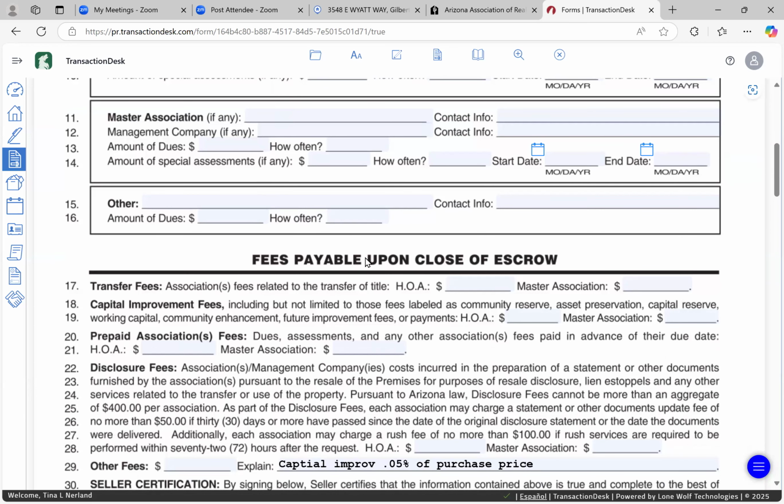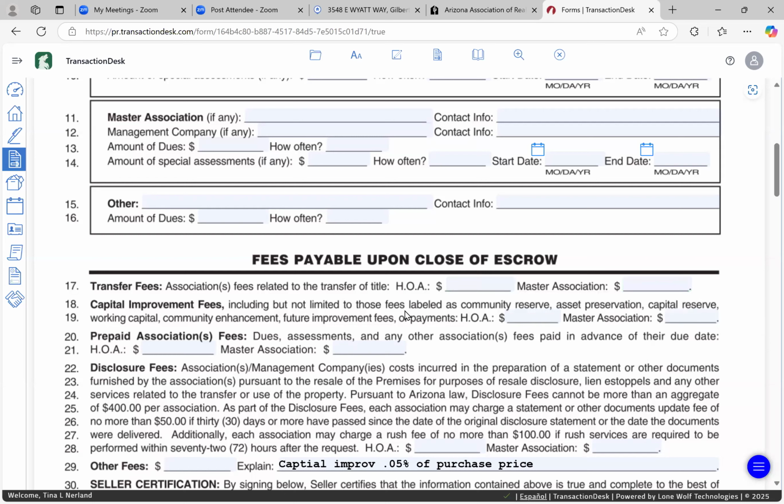Okay, so this is the important information here. I mean, yes, this is important up here, but this is also very important because these are fees paid upon closing. So if there's a transfer fee, the association fee related to the transfer of title, the fee goes here, and that's for the HOA. If there's a master association transfer fee, that fee goes here.